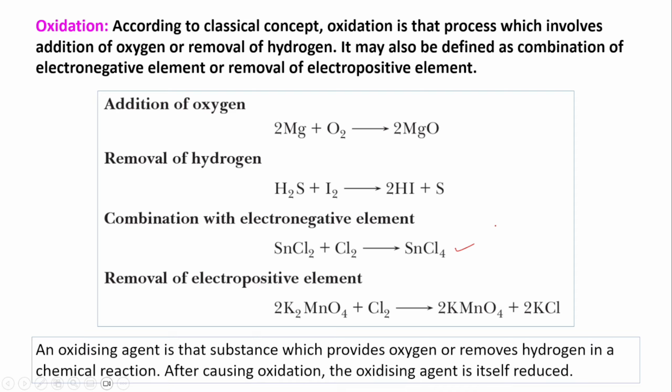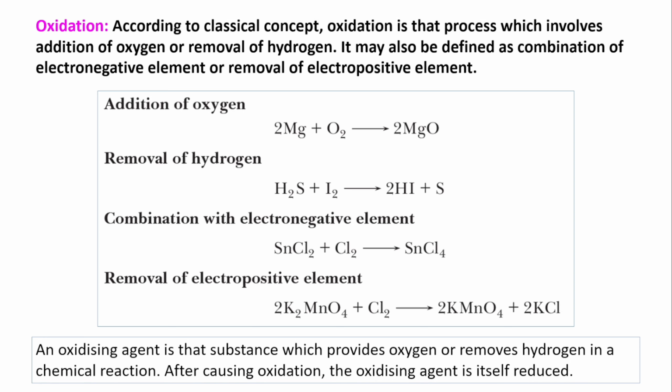So addition of an electronegative element is also known as oxidation, and just opposite, removal of any electropositive element is also termed as oxidation. Like in this case, K2MnO4. K is being removed because it is an electropositive element. So what we have is only KMnO4 and one K is being removed. So this can also be termed as oxidation.